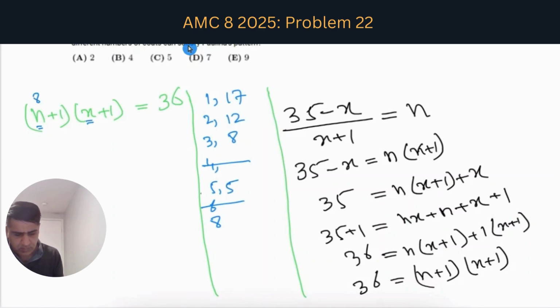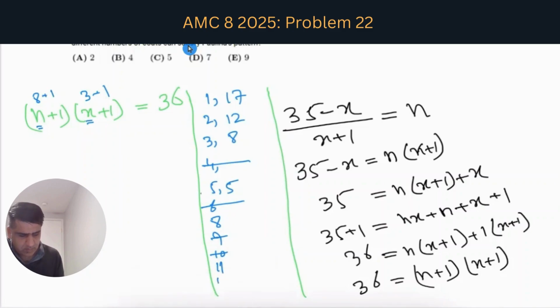Anyway, 8 plus 1 and 3 plus 1, so 8 will work. What about 9, will not work, 10 will not work, 11 will work.